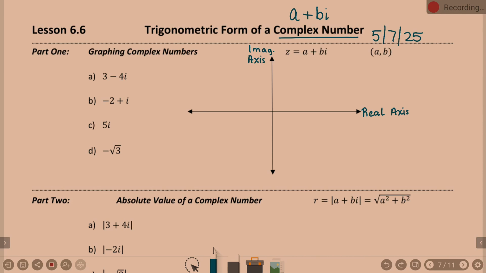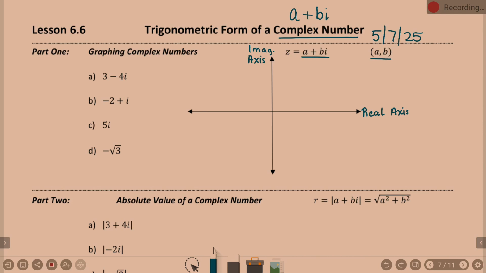So instead of x-axis and y-axis, the real axis and imaginary axis. When you go to graph a complex number in the form a plus bi, realize you're still going to be thinking of it as an ordered pair, and we're going to be graphing it of the form a comma b.